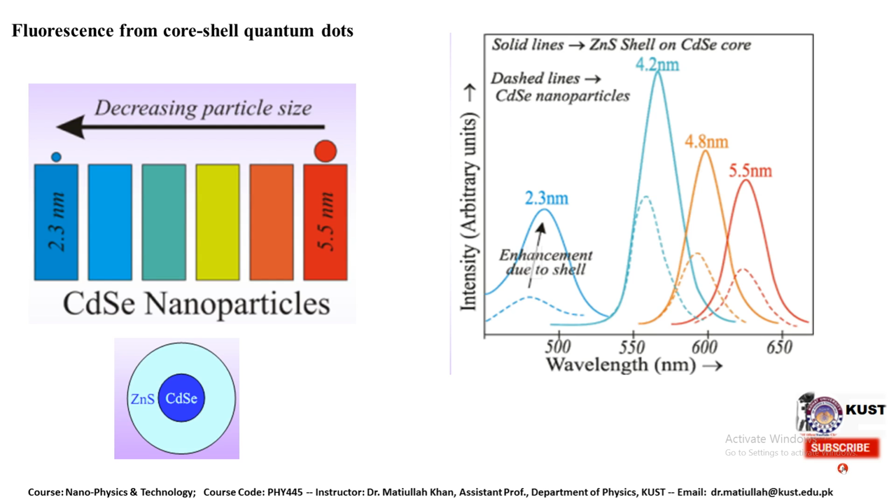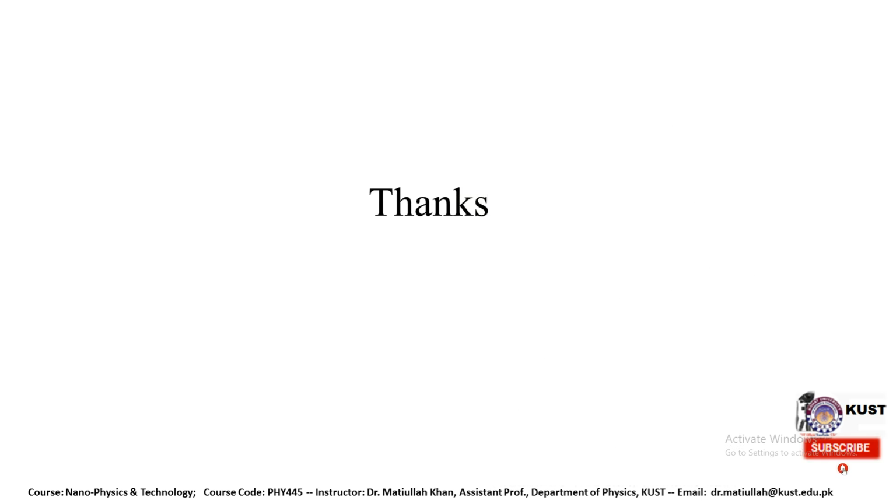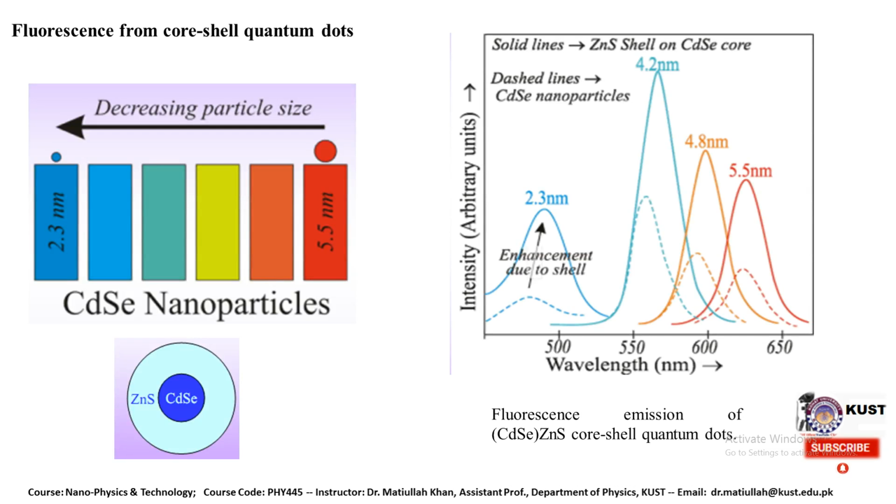In some cases the dashed lines for CdS nanoparticles show how we can reduce the particle size, and that will create the absorption peak at different wavelengths. So we can get interesting colors by reducing the particle size. This is something about the relationship between the optical and the electronic structures.